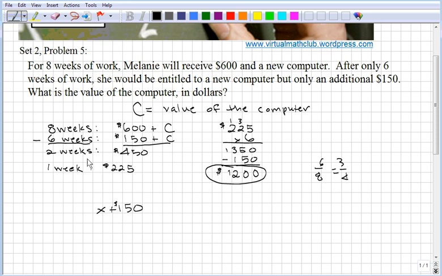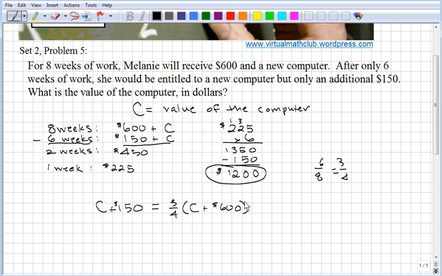Or actually, you know what? Let me use c, because that's what I used before. I better be consistent. So I'm going to say c plus $150 is 3/4 of what you would get for 8 weeks, and that was c plus $600.